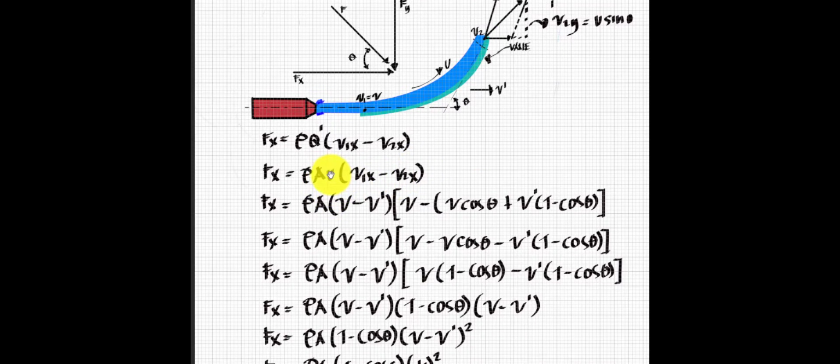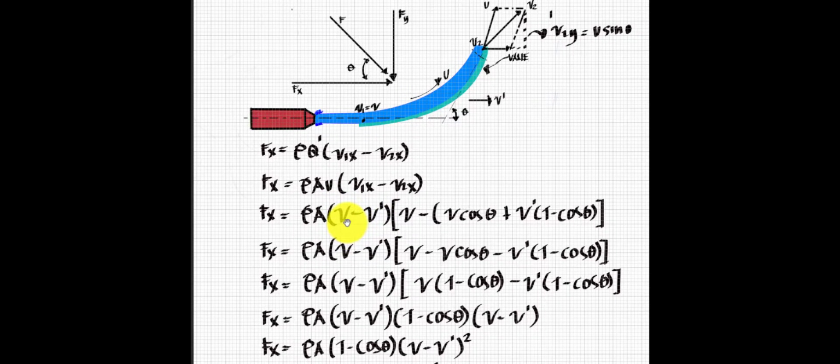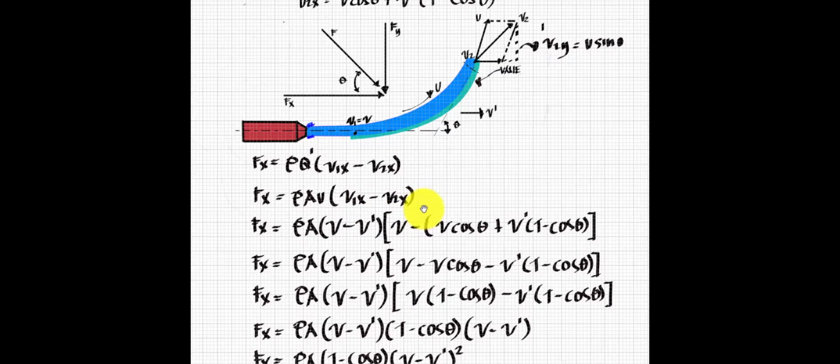So this can be expressed as the velocity of the jet minus the velocity of the vane. That is the relative velocity. Now, since v1x is the same, we substitute the value of the velocity of the jet.